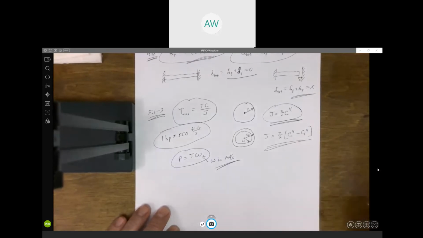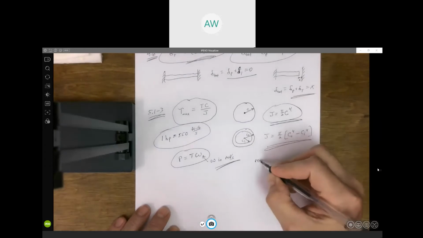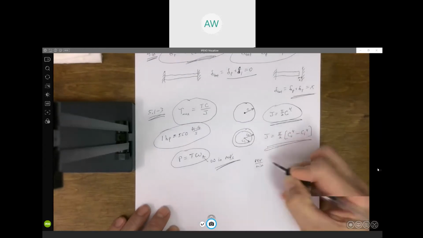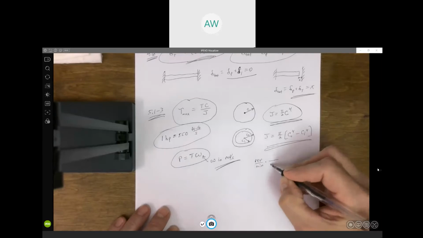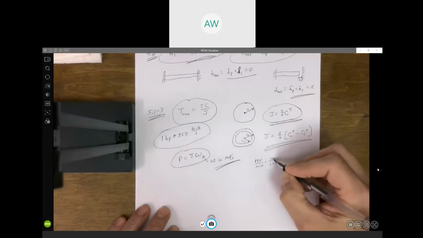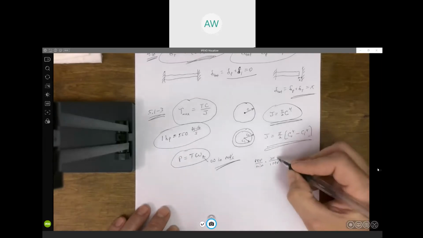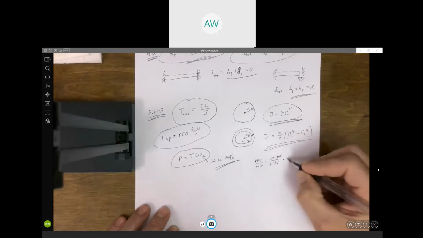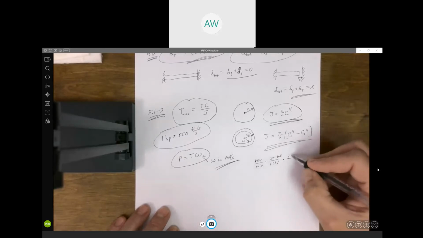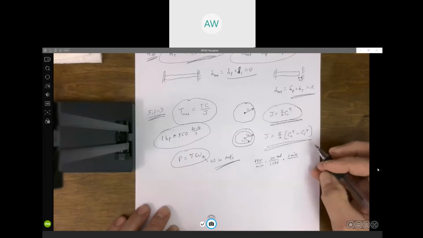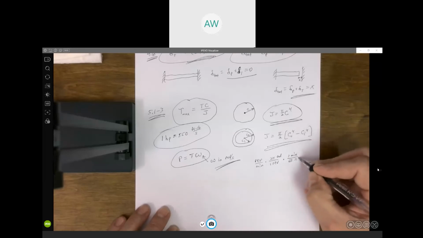But that involves something everybody should know, right? If you've got revolutions per minute, 1 revolution is 2 pi radians. And then to get rid of the minutes, 1 minute is 60 seconds.